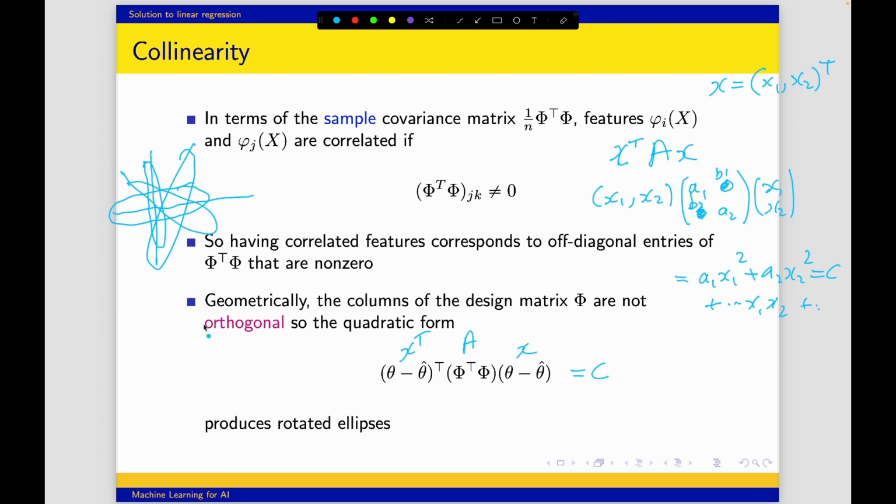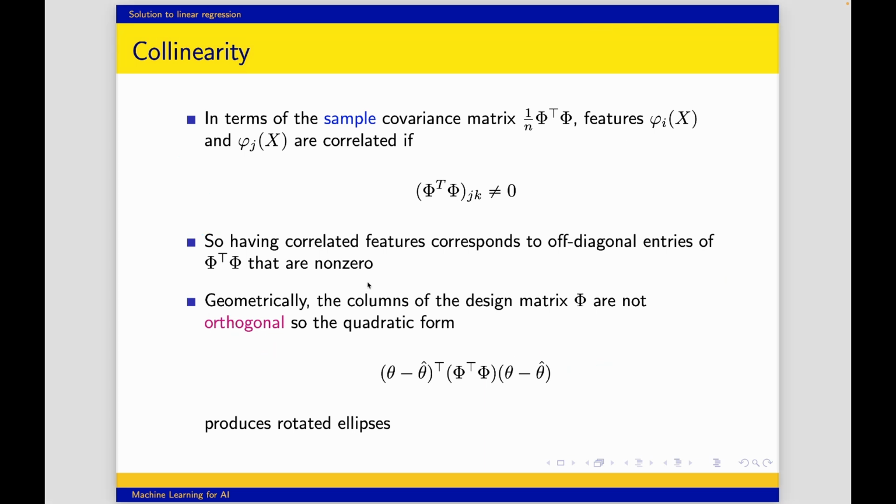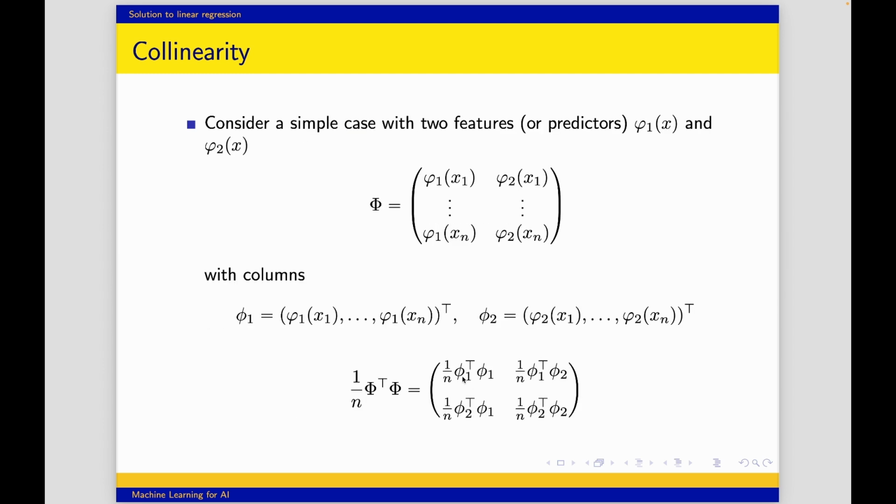So the ellipses won't be aligned along these x1, x2 axes in that case. So correlated features correspond precisely to that case: rotated ellipses. Uncorrelated means the off-diagonal entries are 0. We'll get ellipses which are aligned along the axes.